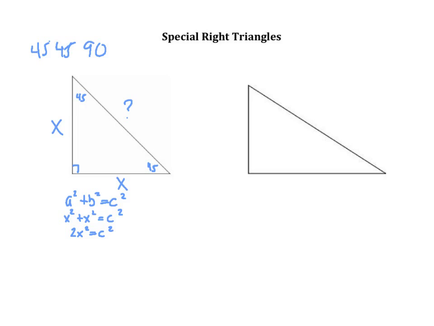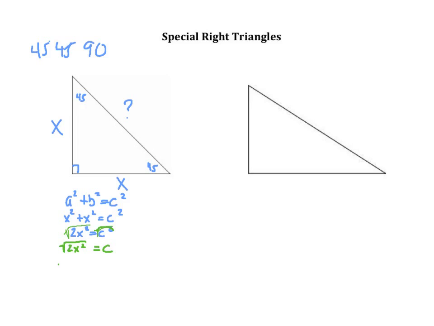Now I need to take the square root, so I can get c completely by itself. When I take the square root, the square root and the square cancel out, so I'm left with c. Now on the left hand side, I have the square root of 2x squared.